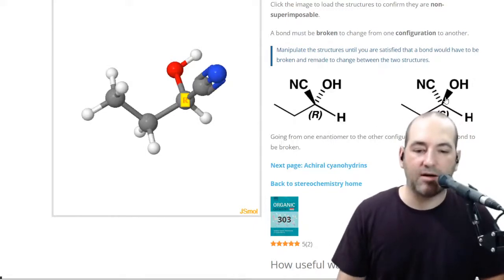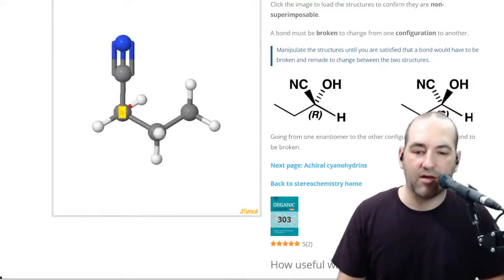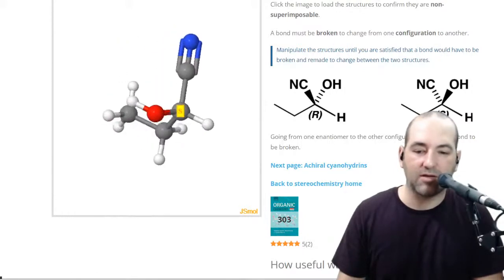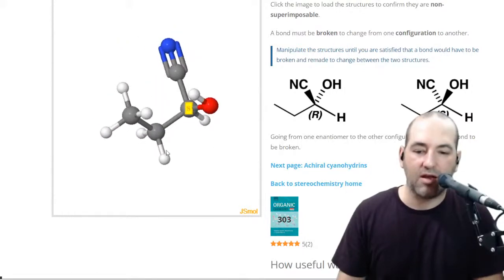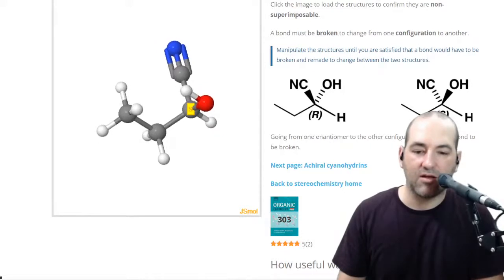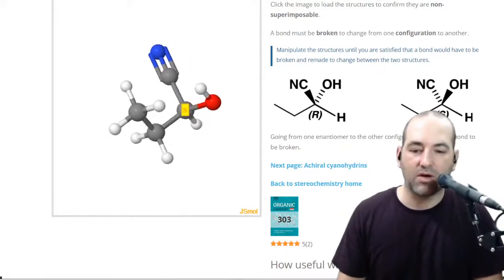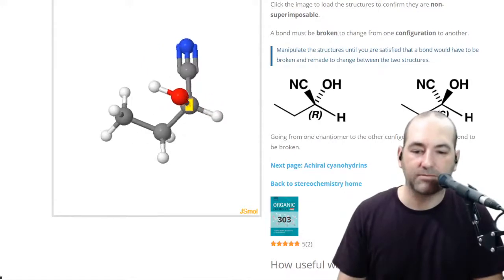So then if I click on this other one, I get the other version of that. And if I twist it around to be in the exact same position, now you can see that the OH is coming out toward us and the CN is going back away from us.